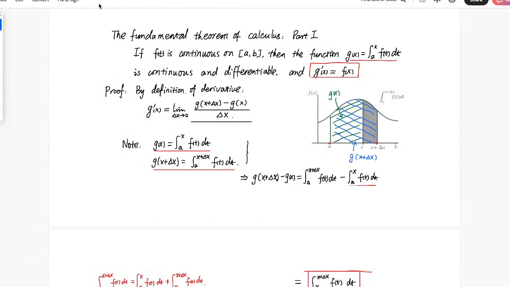Part 1 of the fundamental theorem of calculus is that if f of t is continuous on a to b, then the function g of x equals the integral from a to x of f of t with respect to t is continuous and differentiable, and so g prime of x equals f of x.